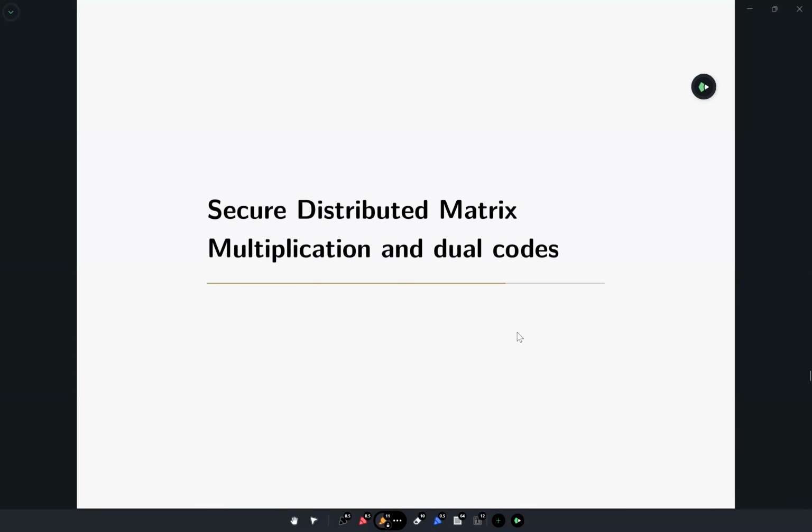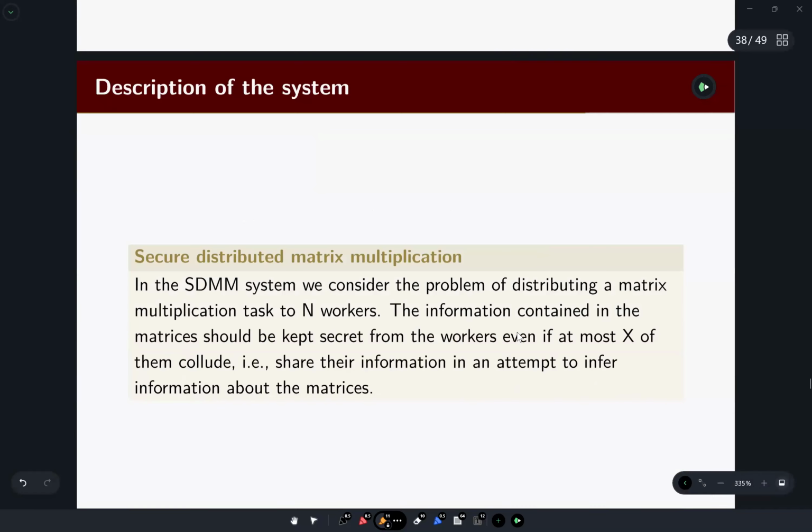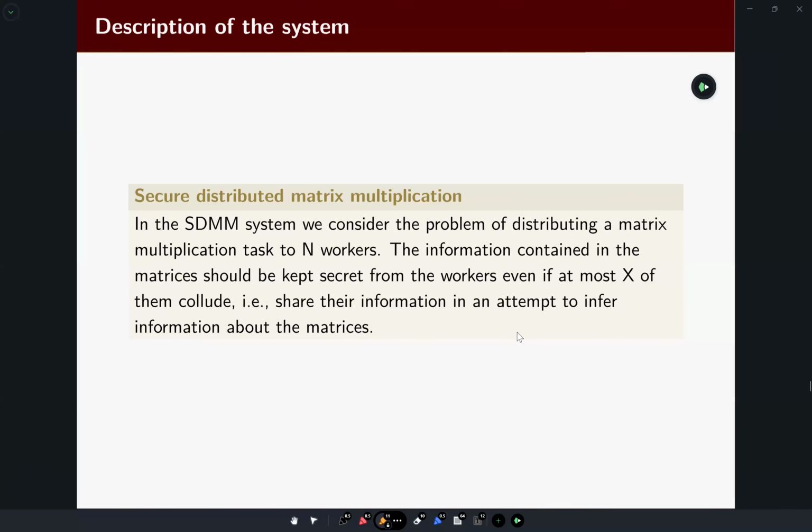Now, just a quick view into the second topic, which is secure distributed matrix multiplication. The key point is that we want to distribute a heavy operation to n workers.